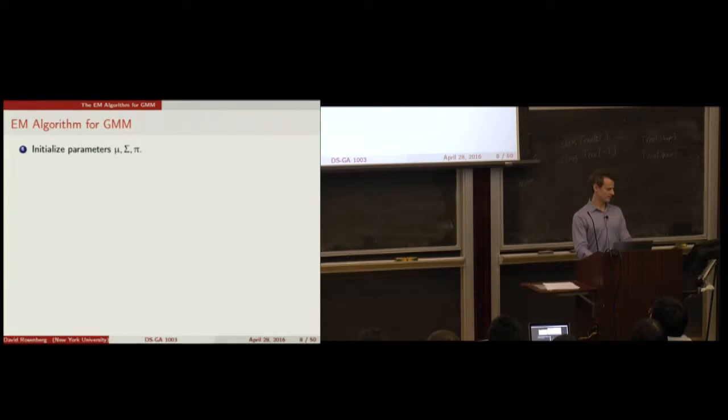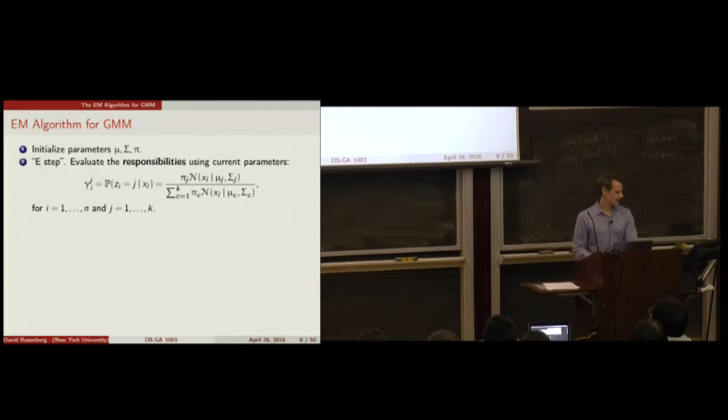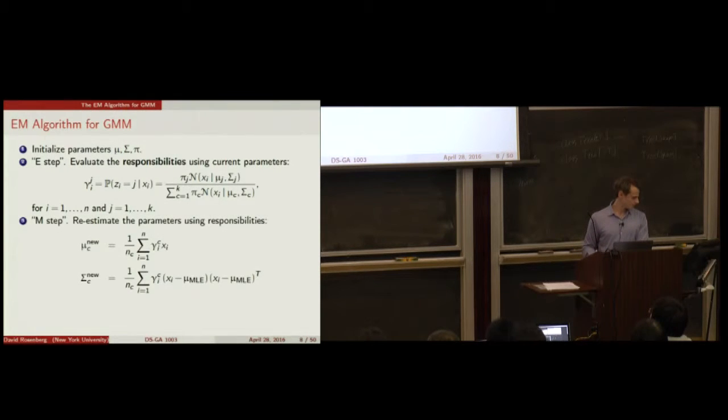All right, so the EM algorithm for GMM. I showed you this yesterday. It's an alternating algorithm where first we figure out the soft cluster assignments for each data point, and then we have the parameter estimate step.